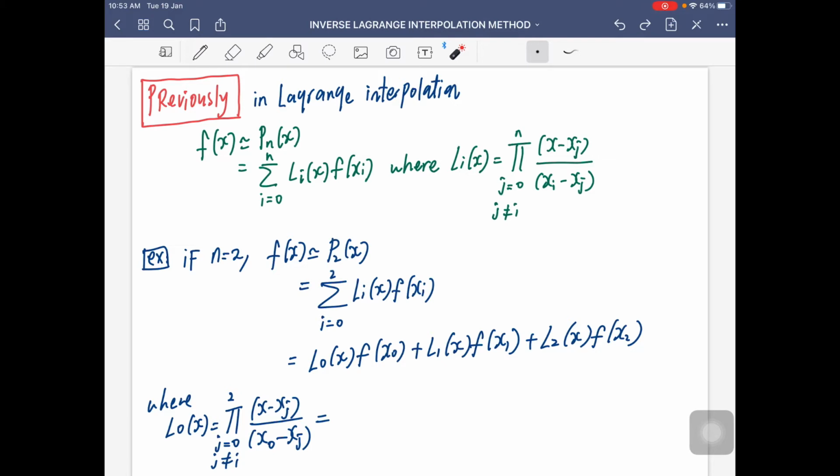Okay, so I recall back how to get your Lagrange term. Let's say I show you only the first part. Remember how to construct our first Lagrange term, L0(x). So here i equals 0. It means that we must have a product over j from 0 until 2, but j cannot be equal to i, which means j cannot start with 0.